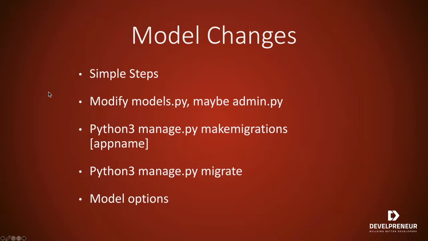Now, the way Django handles model changes to your data model, is it builds steps. It would be essentially like you going in and manually doing SQL statements to do alters or inserts, or well, I guess not insert, that's more data, but alters and drops and creates and things of that nature.